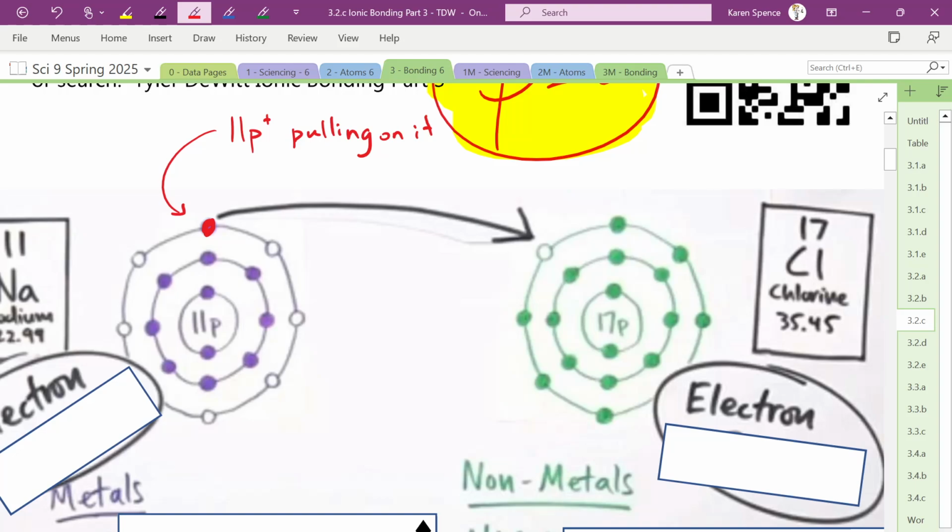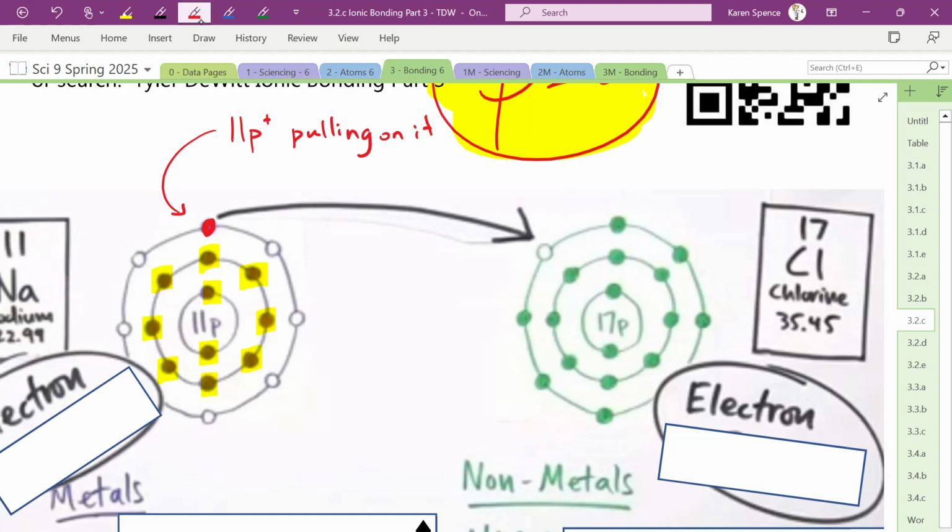Now, in between that electron and the nucleus, there are 1, 2, 3, 4, 5, 6, 7, 8, 9, 10 electrons pushing outwards. Okay, because negative repels negative, yes?